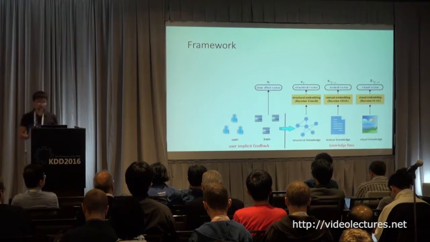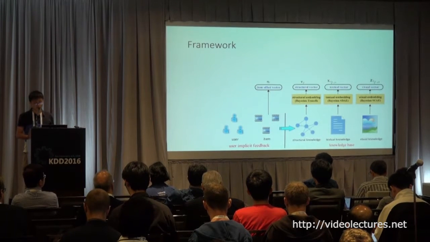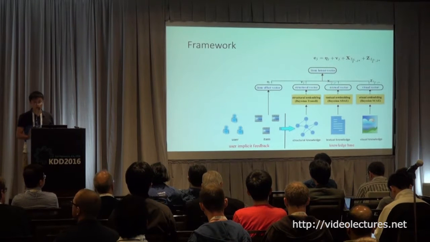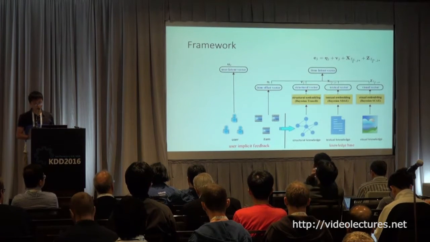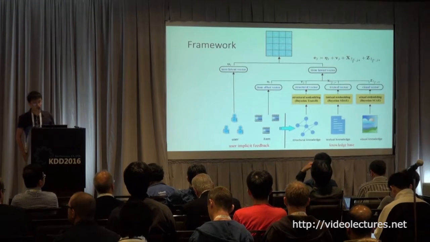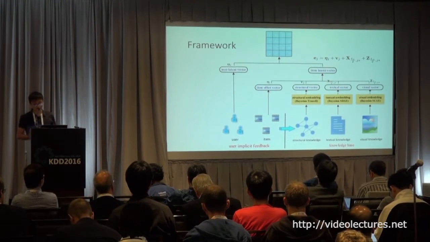And then there is another item vector, which is similar to traditional collaborative filtering, and we will combine these 4 vectors into a final item vector. The user vector and the final item vector will be combined for a traditional, such as pairwise ranking-based, collaborative filtering task.